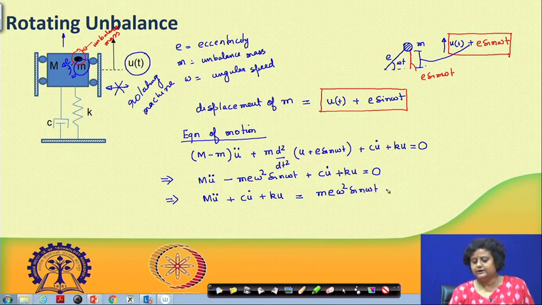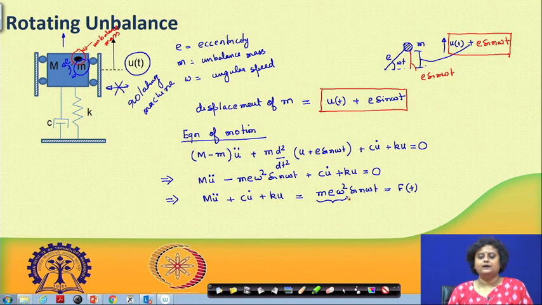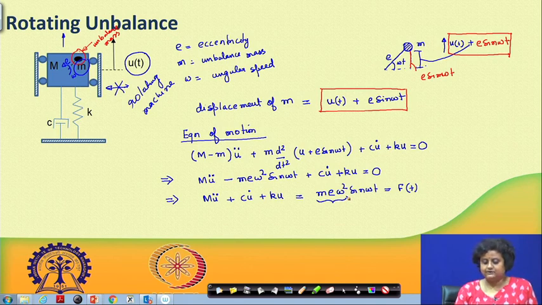Now, if you look into this equation, it is nothing but the equation of a single degree of freedom system with the right hand term equivalent to a harmonic force F(t) with an amplitude of m e omega square into sin omega t. To solve this problem, we can adopt exactly the same procedure which we have done earlier for the generic case.